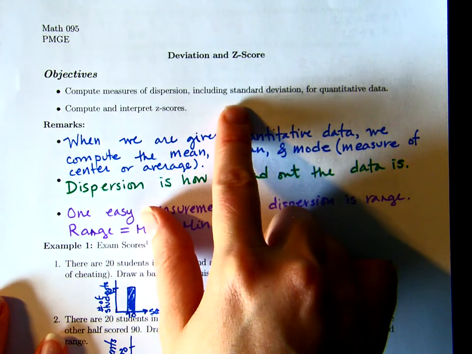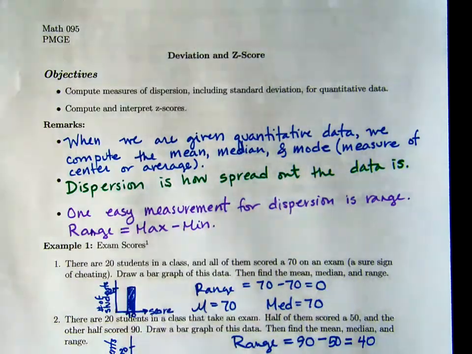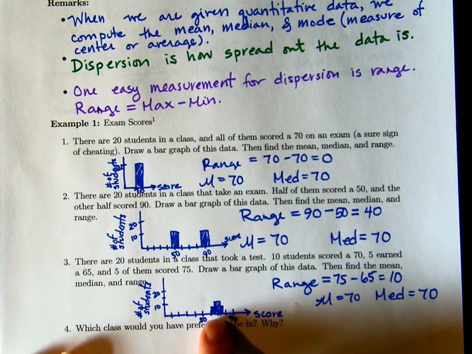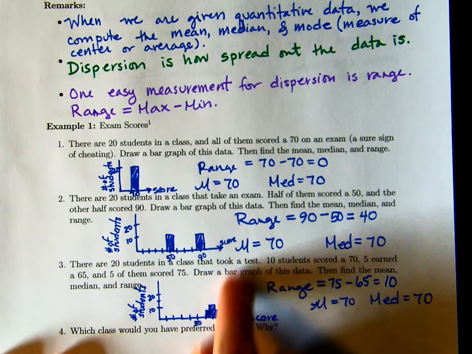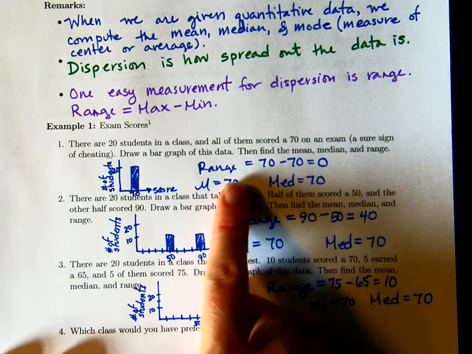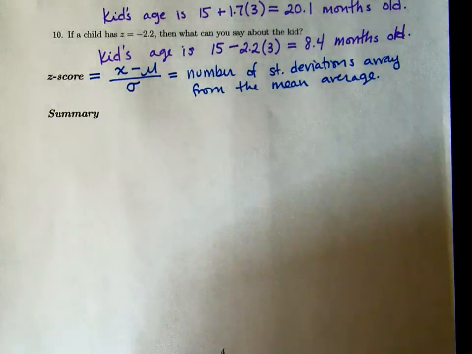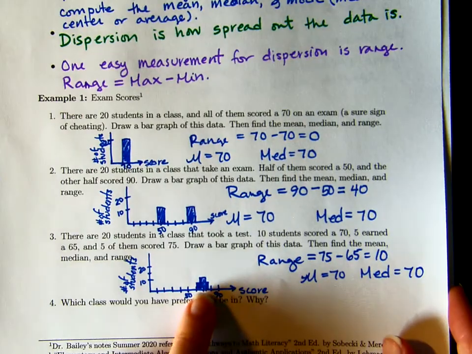Then we started talking about dispersion and standard deviation to talk about how spread out the data is, because then you can start talking about the fact that this one is a more normal situation and these are a little bit less normal. The dispersion, the range, and the standard deviation give us some measurements for that, but they don't really give us a measurement for the picture.